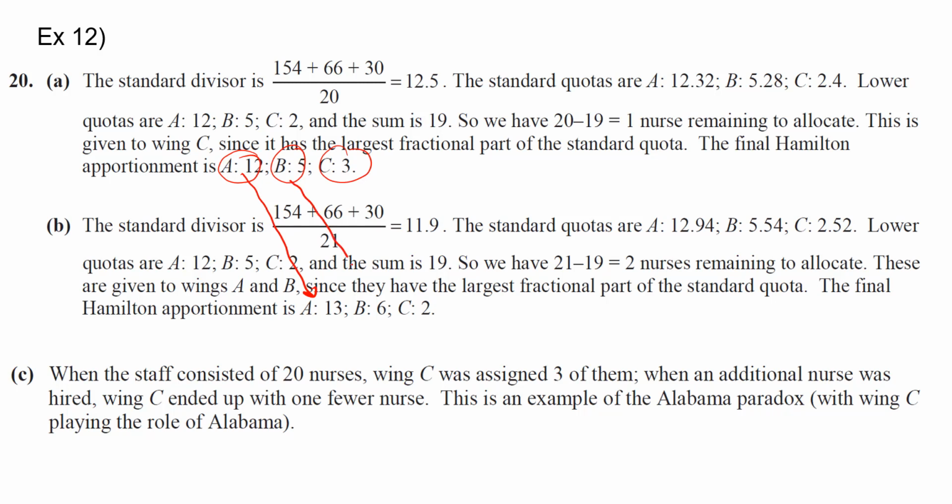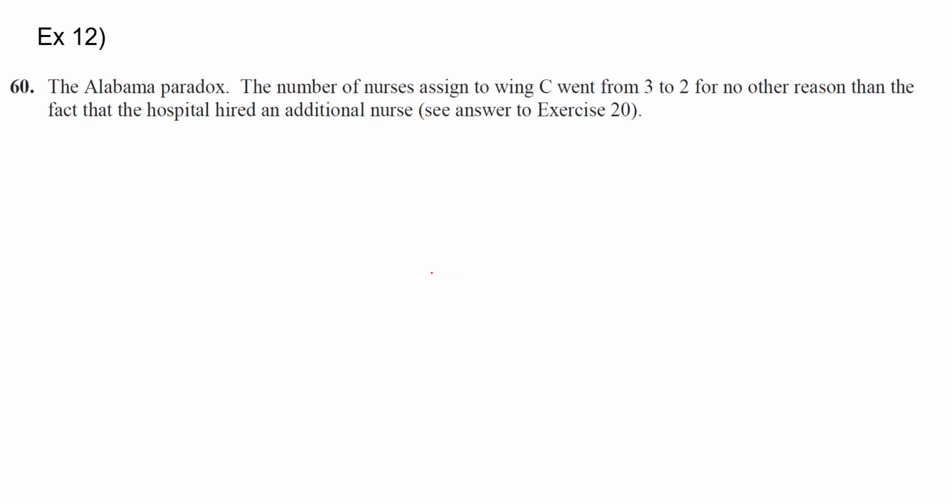The B wing also got an extra nurse. And then the C wing suffered, and that's not cool. It actually went down by 1, just because of the way you would divide and get the divisor, just the way the math worked out afterwards. Okay, so the answer is, yeah, the first one, the Alabama paradox.